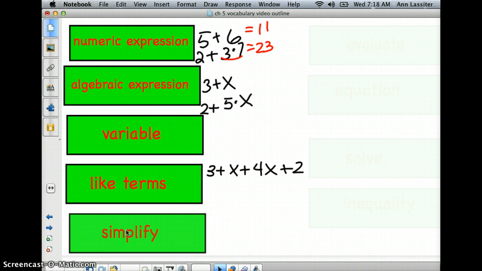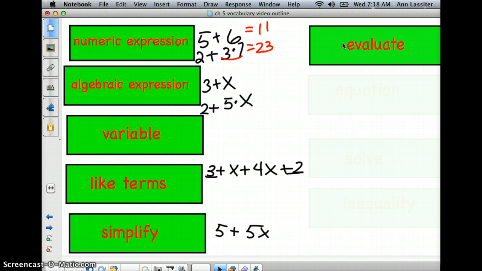I can simplify this algebraic expression by combining like terms. The 3 and the 2 would be considered like because they both only have numbers in them, so 3 plus 2 is 5. Then I have x, which is like 1x, plus 4x, which is 5x. So I would have 5 plus 5x.